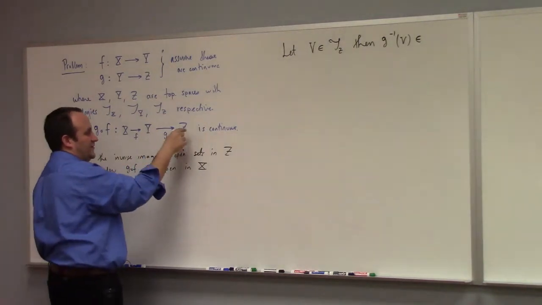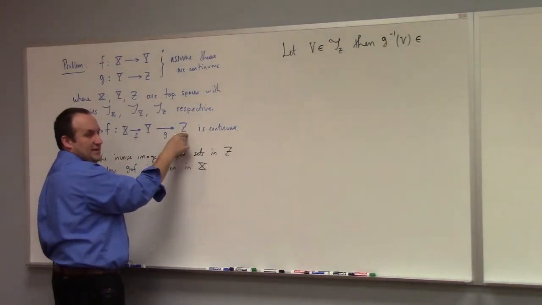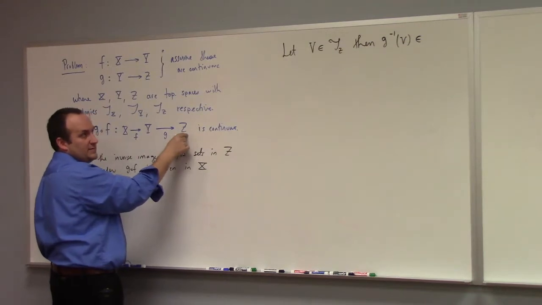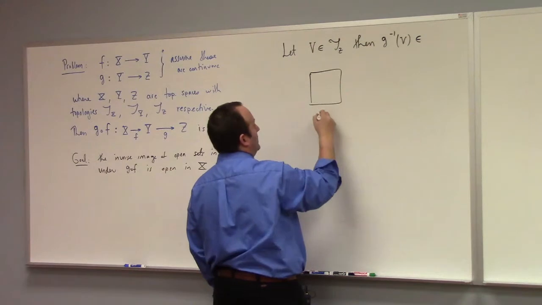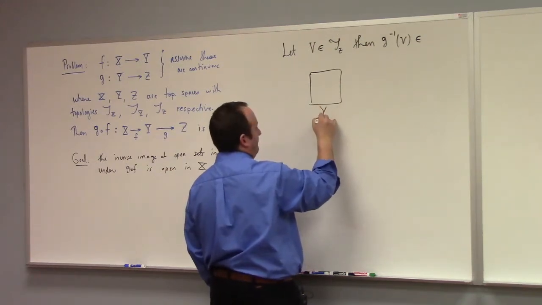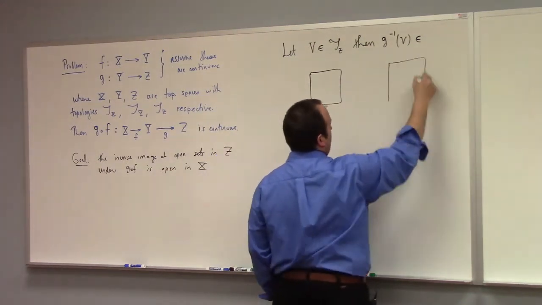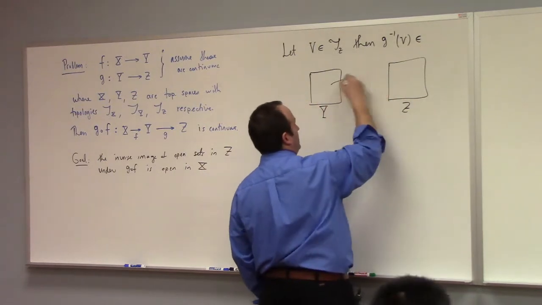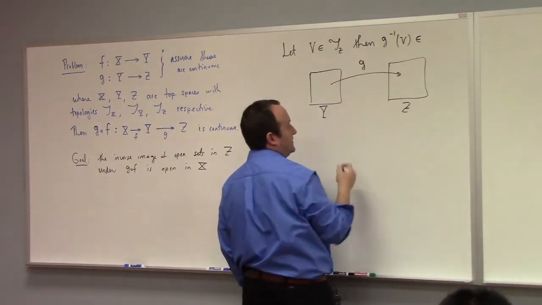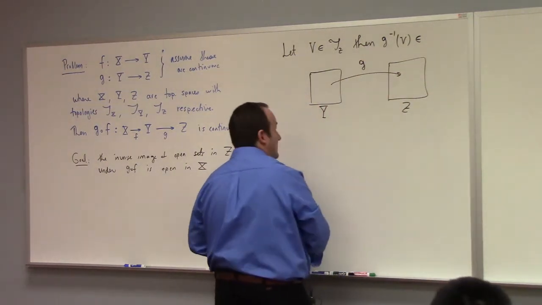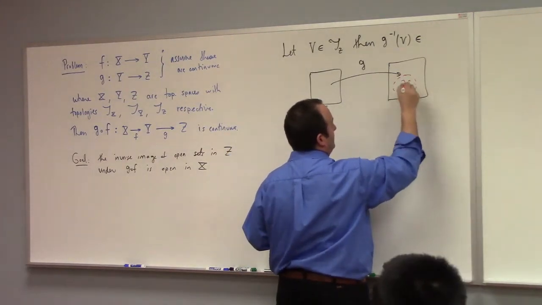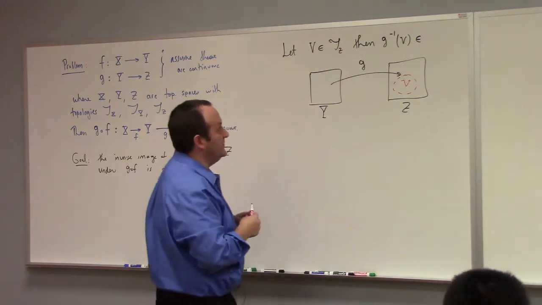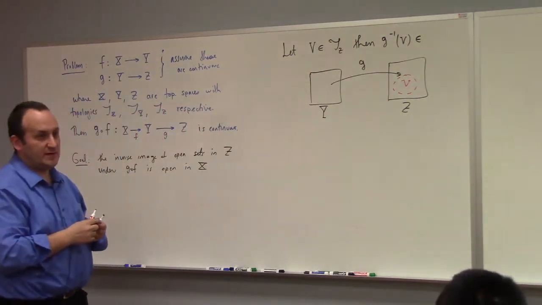So the inverse image of an open set in Z, right? If I draw a picture, here's my Y, here's my Z. g looks like this, and I'm looking at some set V. If g is continuous, then what's g inverse of V?